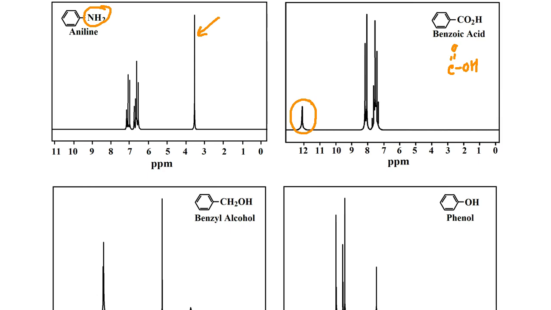And so you can see that that is where we indeed find the peak for the acidic benzoic acid proton. And you can see that we have the aromatic peaks probably around 7.4 to 8.2. Now, one of the things that's interesting here is that the NH2 group is going to be considered, when it's on an aromatic ring, an electron donating group, whereas a benzoic acid group, when it's on a ring, would be an electron withdrawing group.